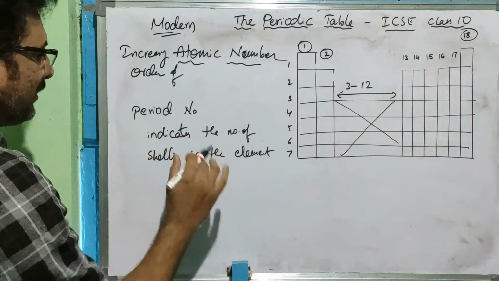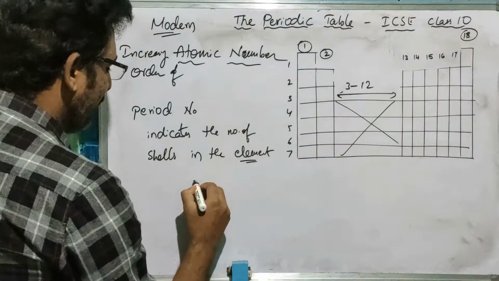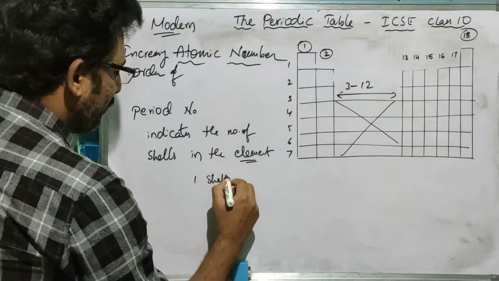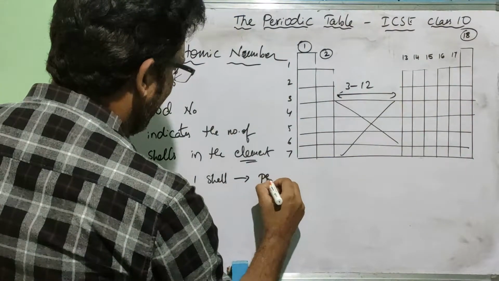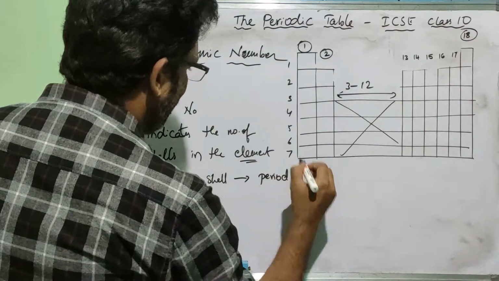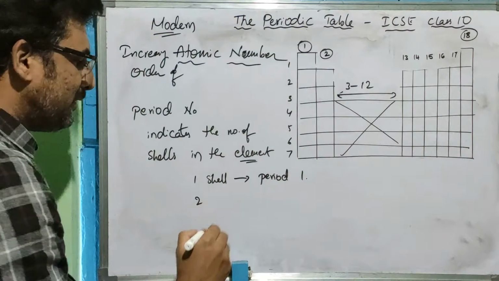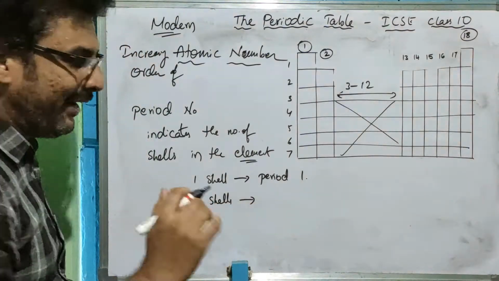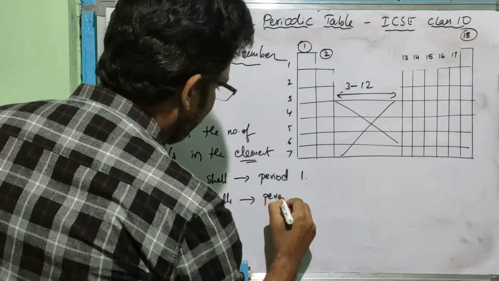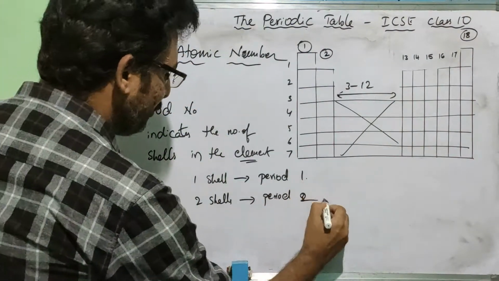That means the elements which have one electron shell will go to period number 1, and the elements which have 2 electron shells will go to period 2.